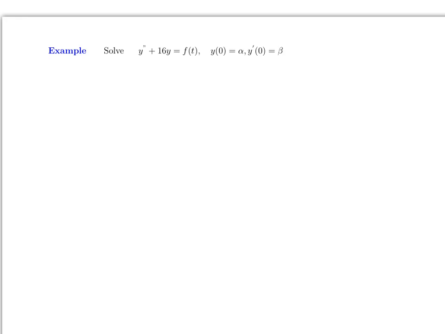Just like before, you're going to apply the Laplace transform on both sides. Same thing we did before.